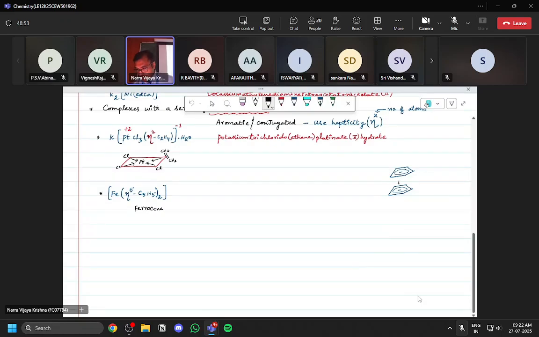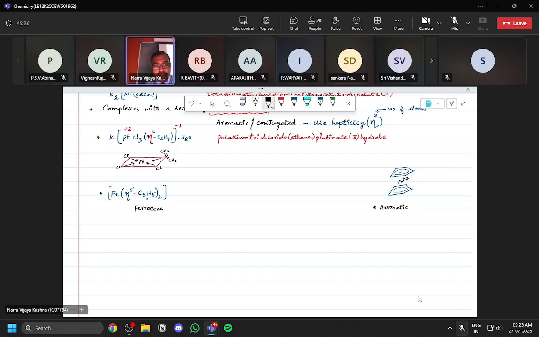Fe+2 is sandwiched between both rings. Now, how many carbons are donating electron cloud to iron? 10. Actually, I have to draw dotted lines from every carbon. Is it aromatic or not? Aromatic species.